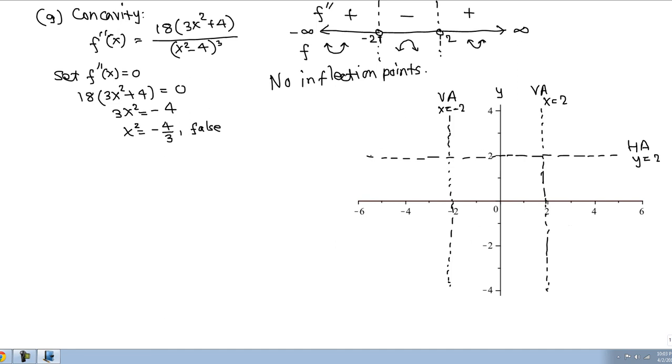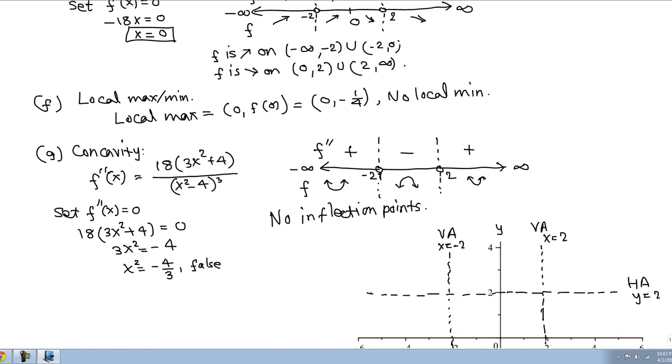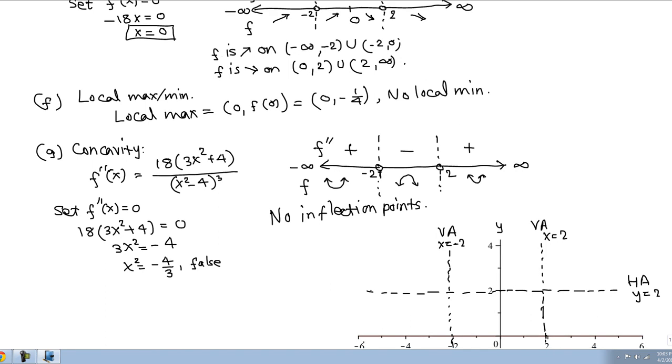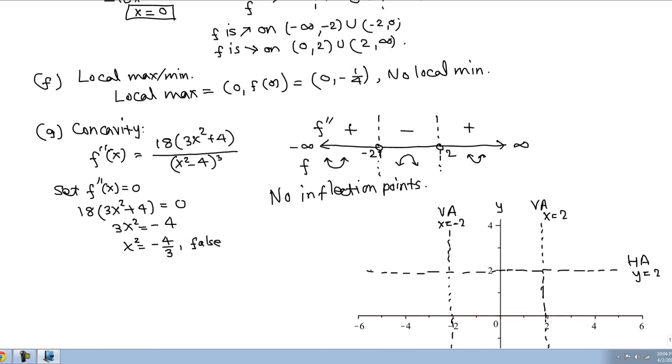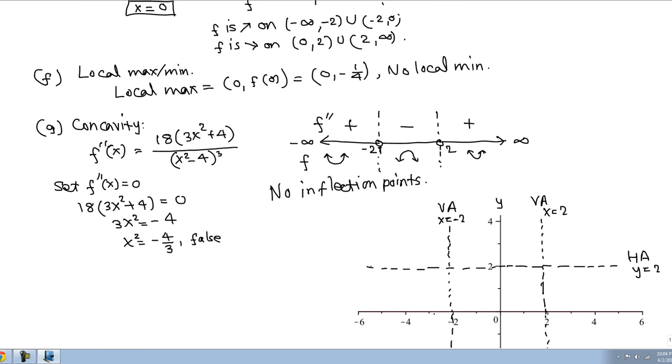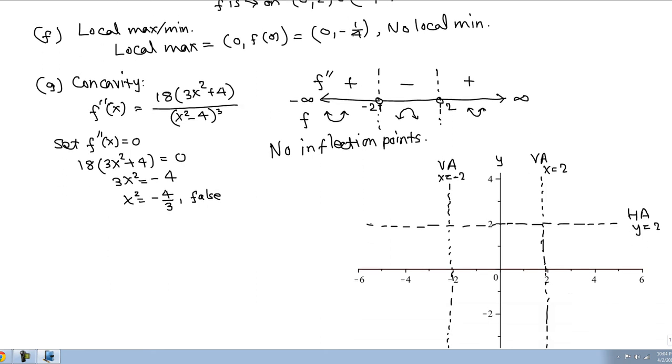And we found that the function is increasing from negative infinity through negative 2, and increasing from negative 2 to 0, then decreasing, and the local maximum is at 0, negative 1/4, the origin area, somewhere here.